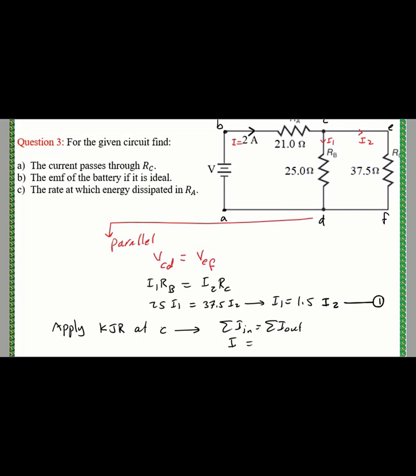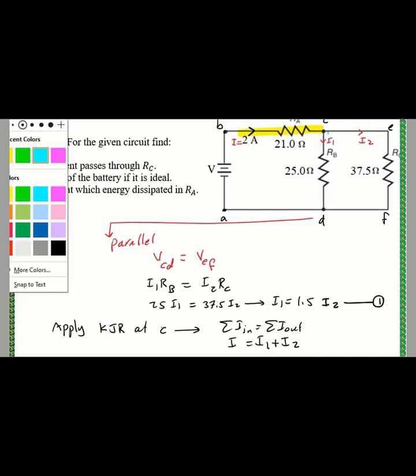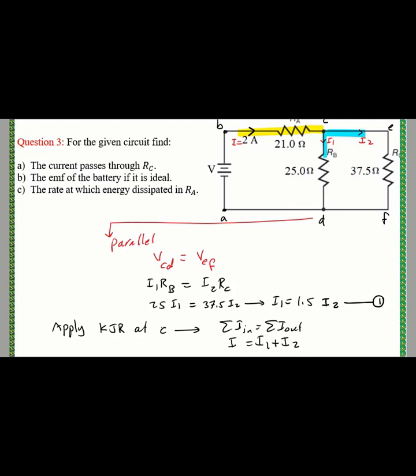So here I equals I1 plus I2. I is into the point C, and I2 and I1 go out here. Okay? So the two blue currents equal the yellow one.